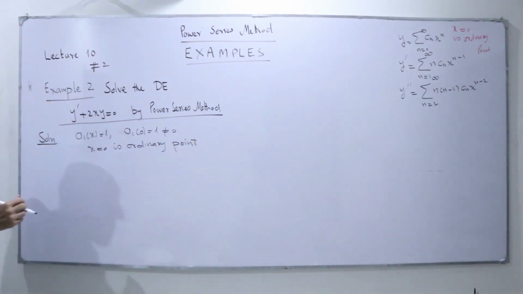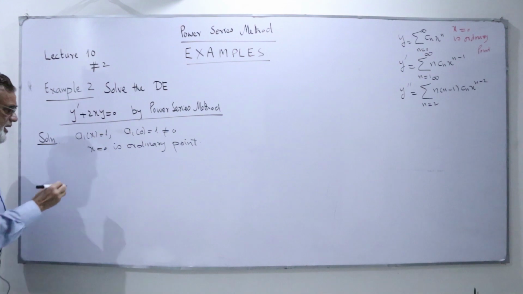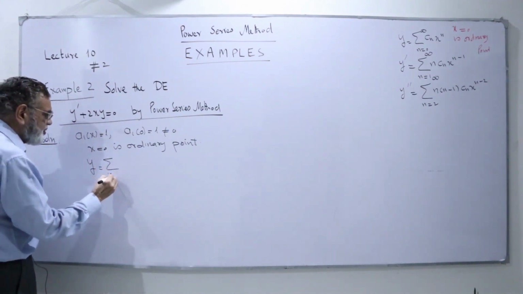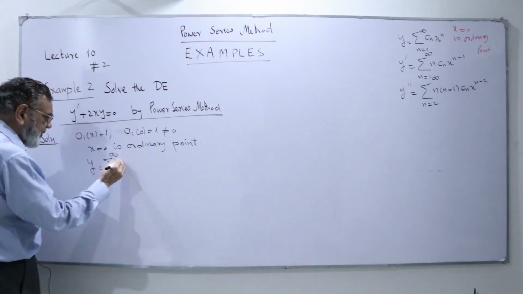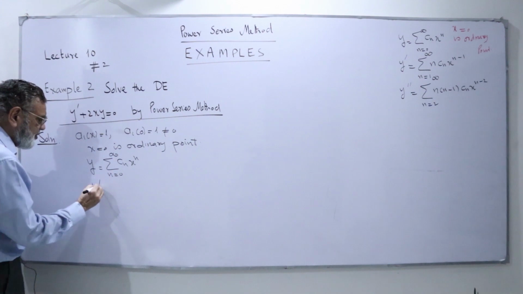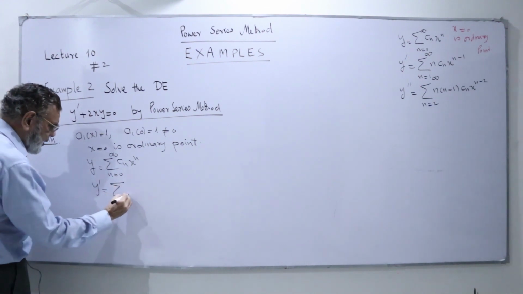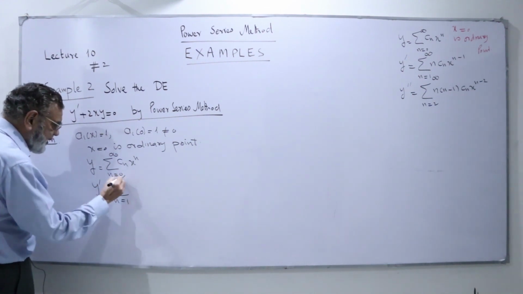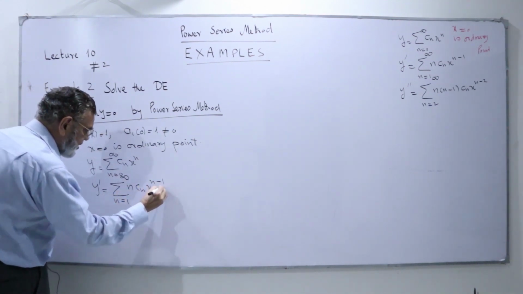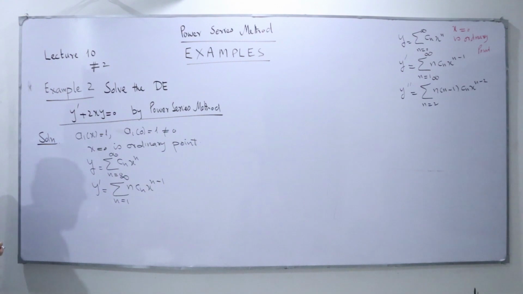We can discuss the solution of this one about x equal to 0, that means we can write y equal to sigma n from 0 to infinity cn x to the power n, and then our y dash, as I mentioned before, is sigma n equal to 1 to infinity n cn x to the power n minus 1. So I substitute these two values in my differential equation.